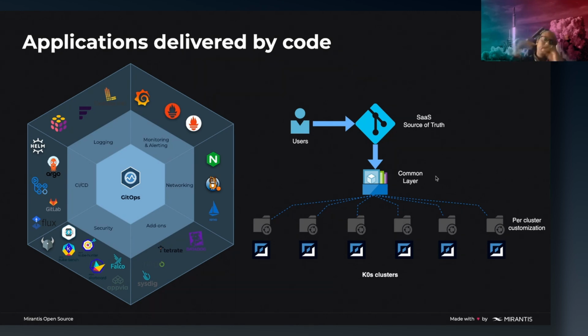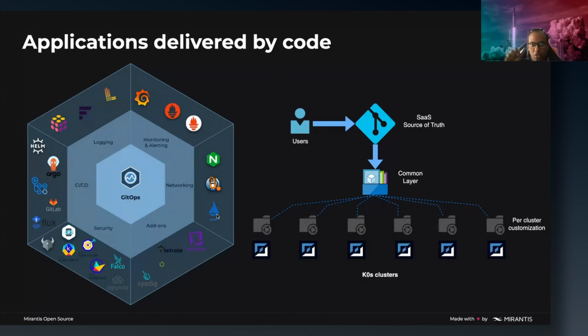So you can have that common layer where you define that once you deploy the child clusters automatically through automation, these components are deployed in these different child clusters. And then you can have a per cluster customization. You can say, okay, for some of these child clusters, I want to enable service mesh with Istio.